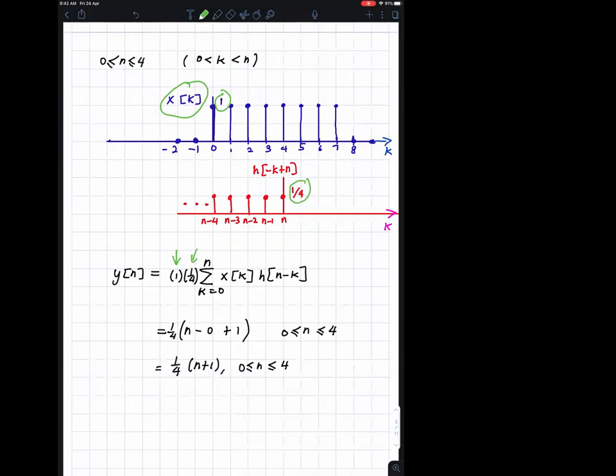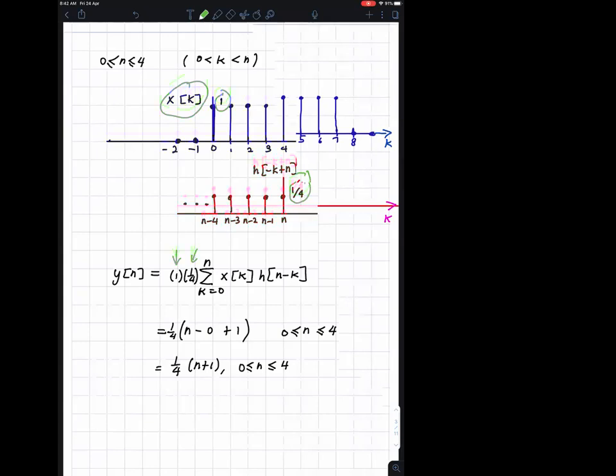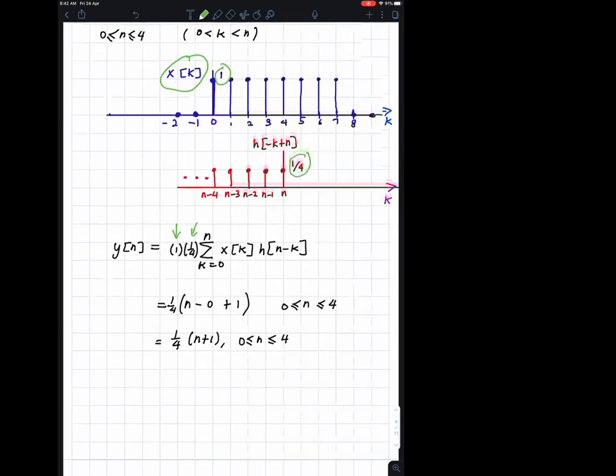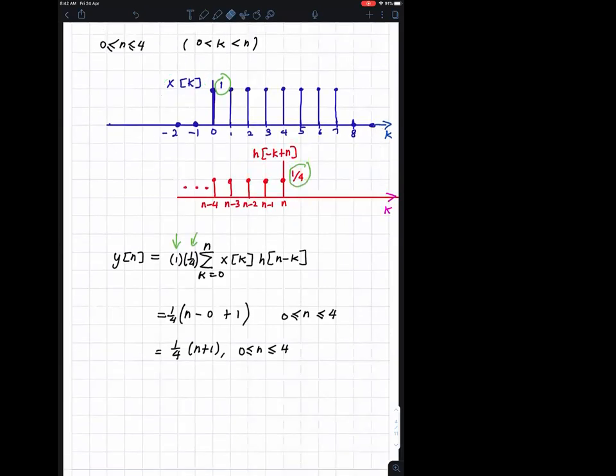Okay. Amplitude. So why are we putting the bracket inside, n minus 0 plus 1? You know upper limit minus lower limit, right? Okay, let's say I take the signal apart here. Just take the overlapping part.